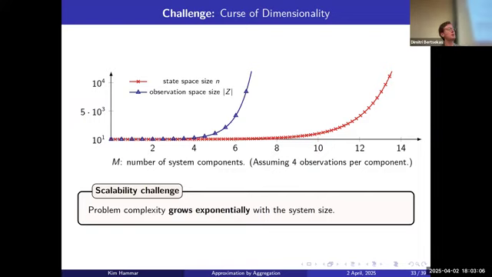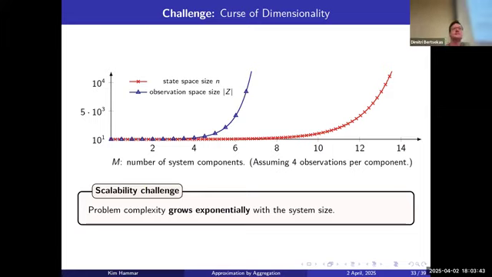And then when you increase the number of components, you get this combinatorial explosion of all the possible combinations that makes the size of the state space and the observation space simply take off. And this is really problematic because this means that these kind of problems you cannot solve them for any non-trivial system, because you're going to have much more than 14 components. And that's why aggregation is a very appealing approach to try to approximate these kind of problems. And that's exactly what we are going to do next.